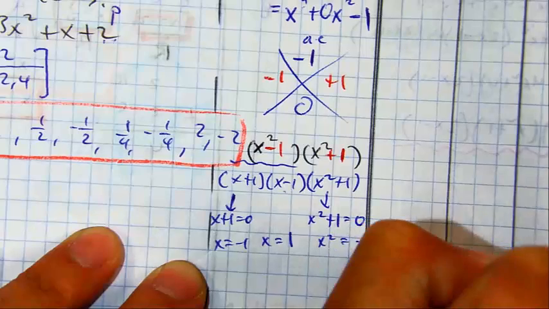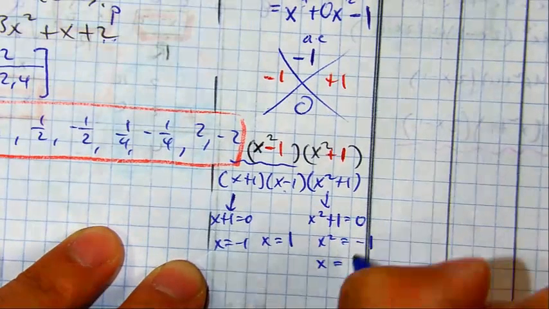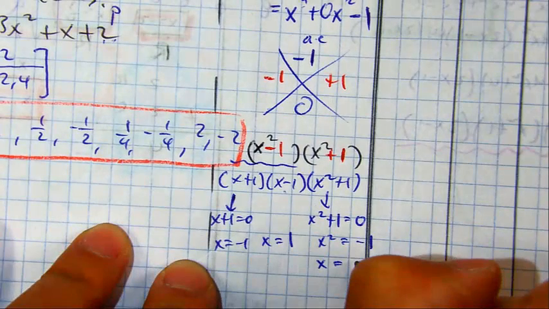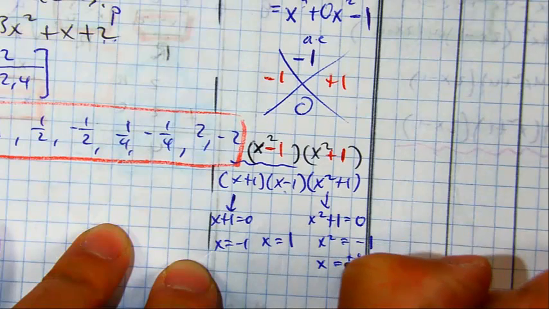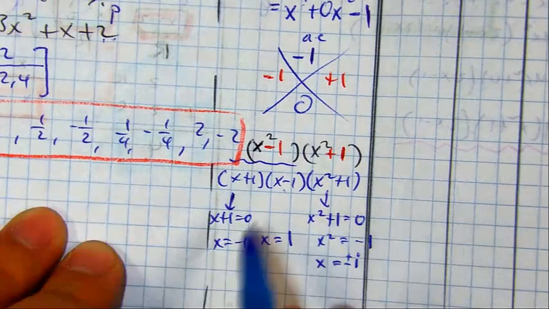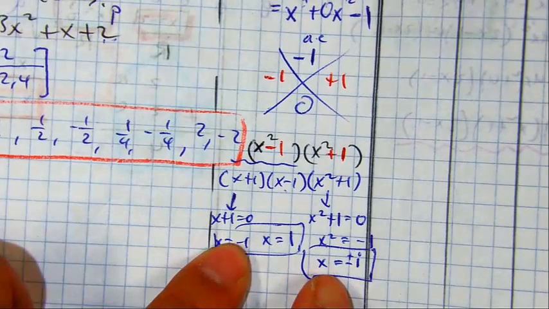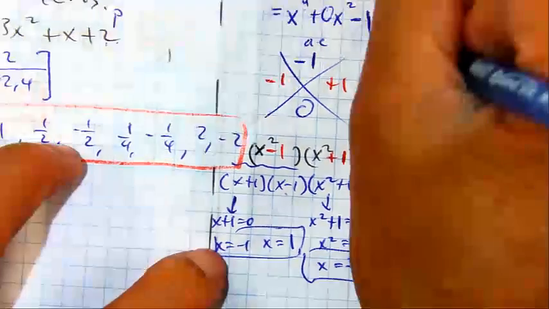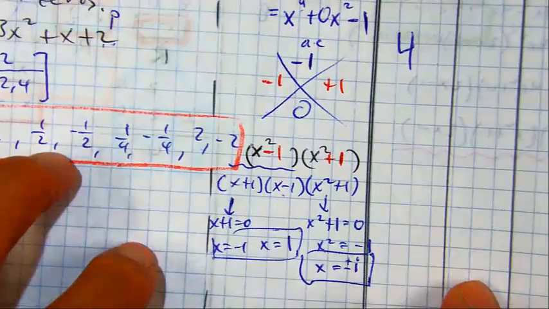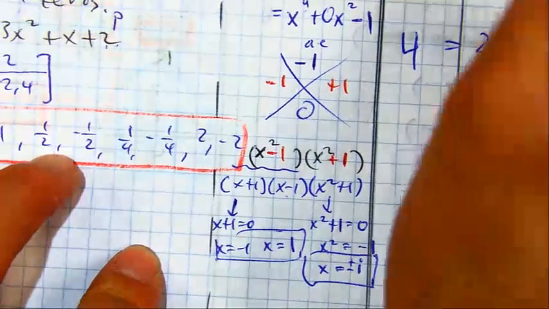Subtract 1, square root. You get i. Not just i, plus or minus i. So this would give us our 2 reals and our 2 imaginaries. So 4 is the highest degree, equals 2 plus 2.